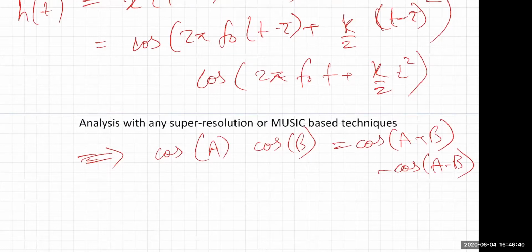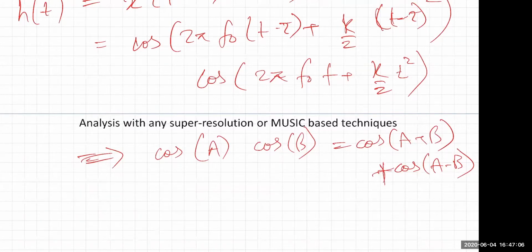Is that correct? Cos A cos B? No, I think cos of A plus B is cos A cos B minus sin A sin B. Yeah, it's minus sin A sin B. So when you subtract, you are adding the sine terms here. Oh, right. Sorry, my bad. Yes, you're correct.